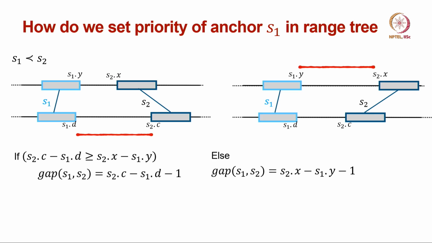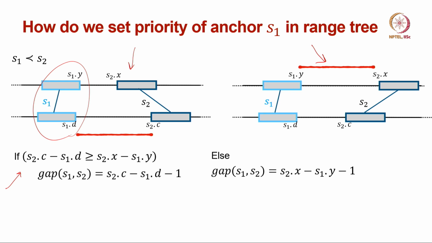So now going back to the chaining algorithm, basically we have to set the priority of anchor S1 properly, but unfortunately we do not know whether the orientation with respect to another anchor will be in this manner or in that manner. So again I am writing the L infinity gap cost definition here.